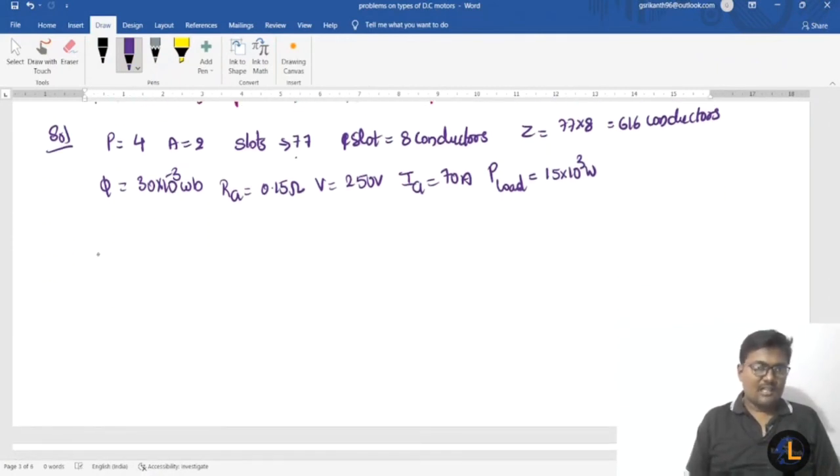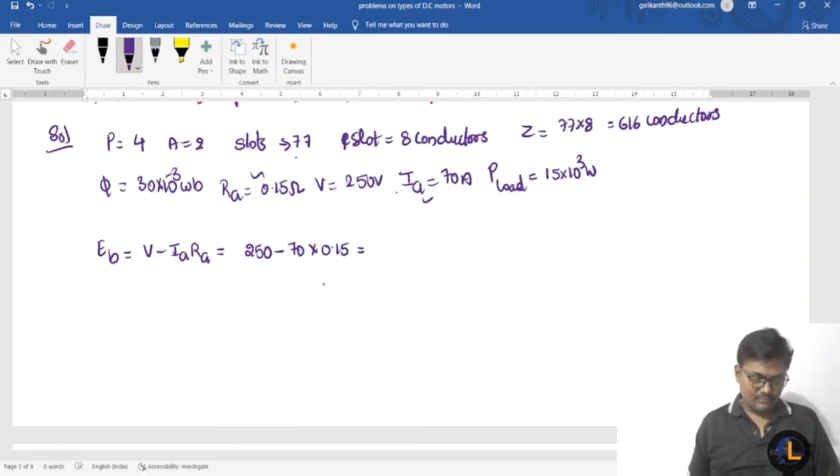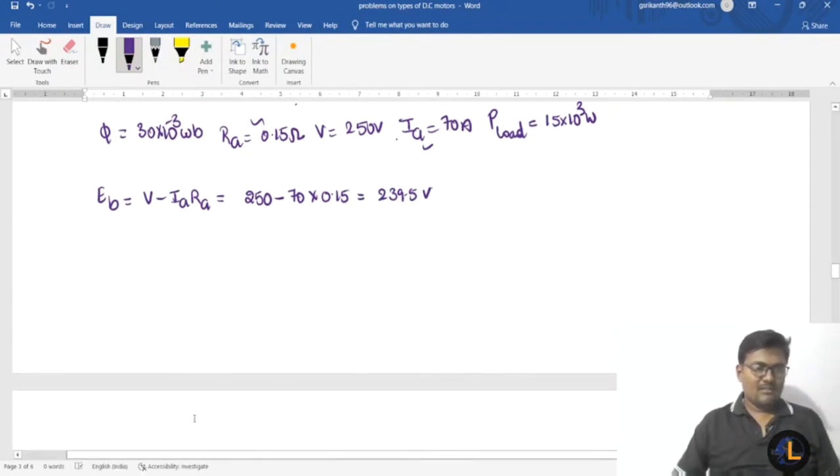From this, calculate the back EMF. E_B is equal to V minus I_A R_A. V is 250, I_A is 70 and R_A is 0.15. Then I got it as 239.5 volts.